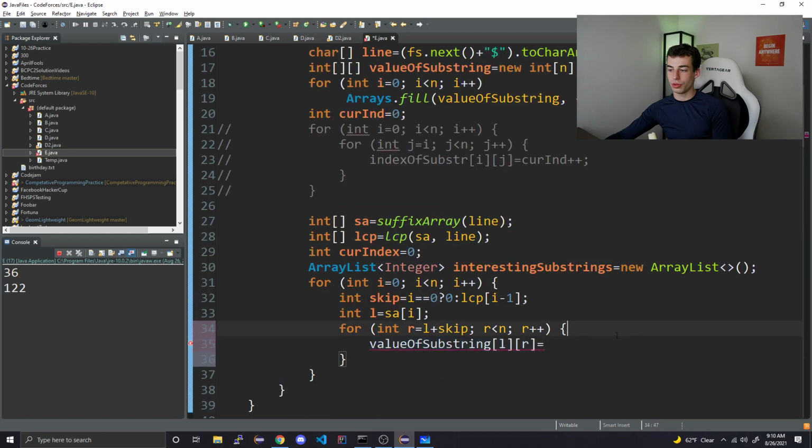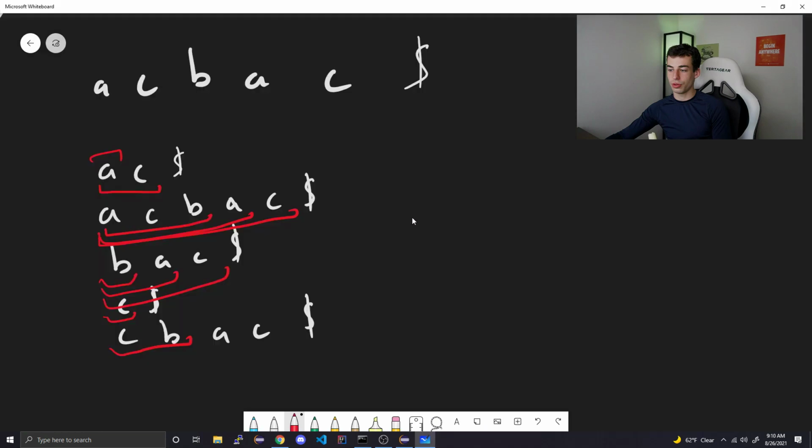The value of this substring from L to R was cur in plus plus. Oh, is this right? So we might have a problem, right? We do have a problem. This right here.